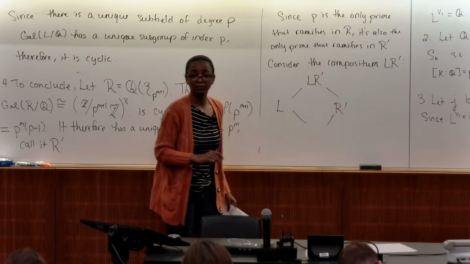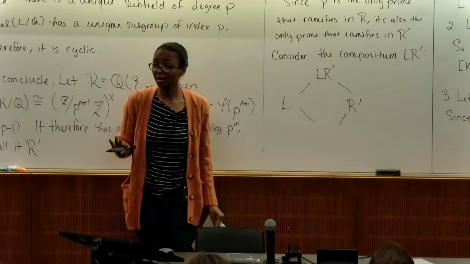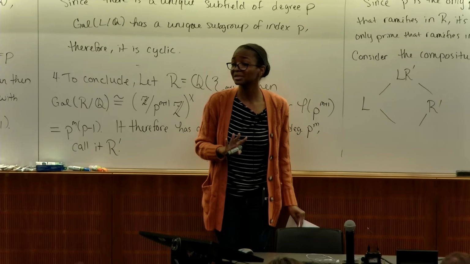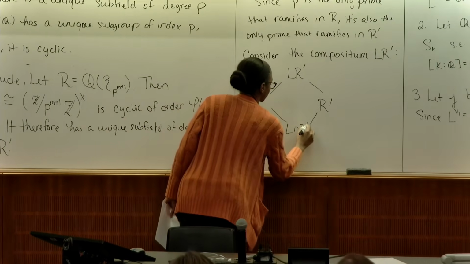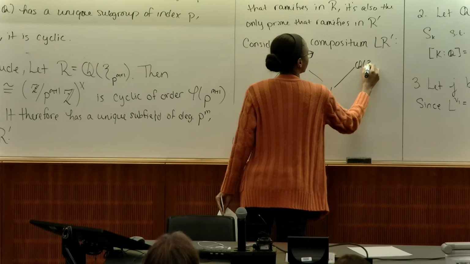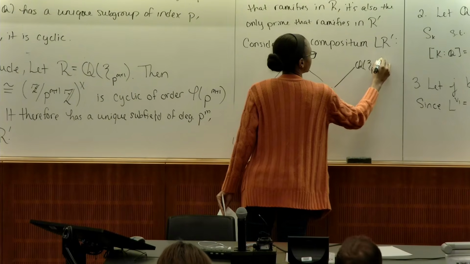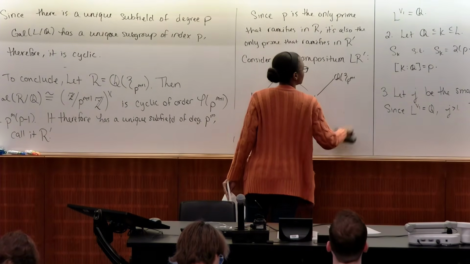Here I want to be careful. I don't know that the intersection of L and R prime is Q, so I cannot assume it. I just know that the intersection is some subfield. And over here somewhere, you have Q zeta P to the M plus 1.